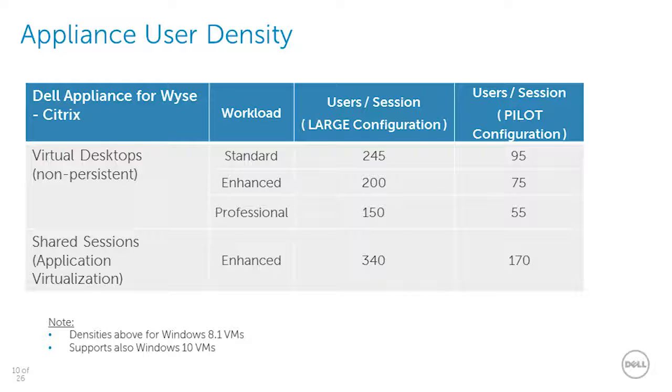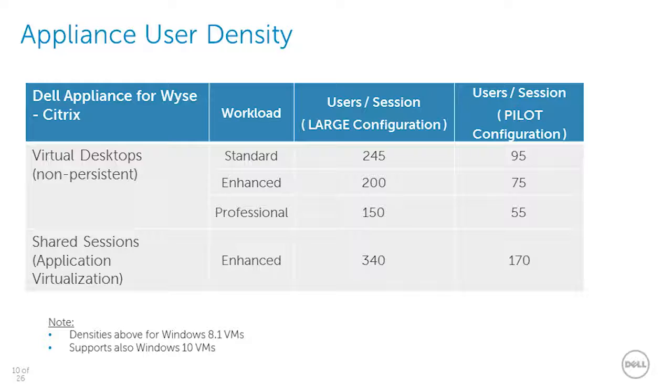We see here that for a large configuration, we can put up to 340 shared sessions. If you want to run virtual desktops, non-persistent, you can put up to 150 professional users or 245 standard users.